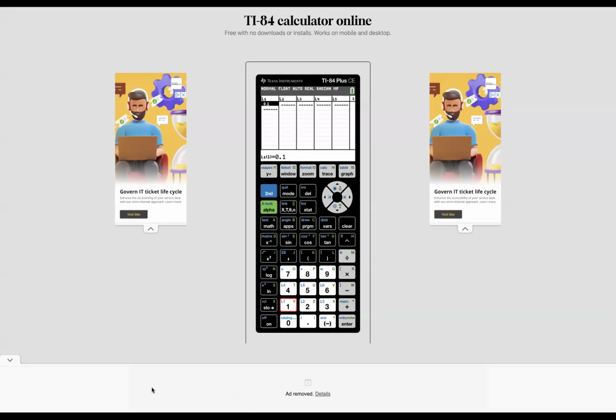Okay. The X is 0.1, 0.5, 0.9, 1.5, 1.9, 2.3, and 2.6.